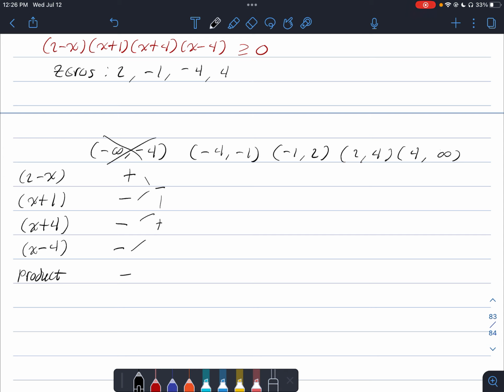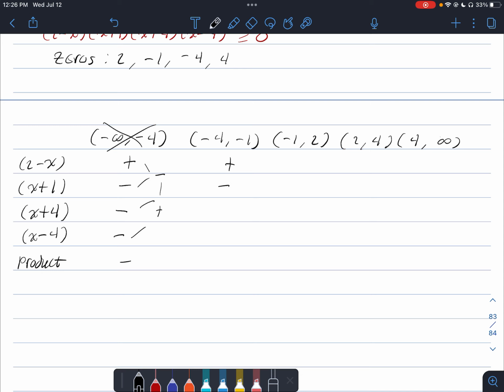Now let's consider the interval from negative 4 to negative 1. Let's try negative 2. 2 minus negative 2, that's going to be 2 plus 2, that's positive. Negative 2 plus 1, that is going to be negative 1, so it'll be negative.